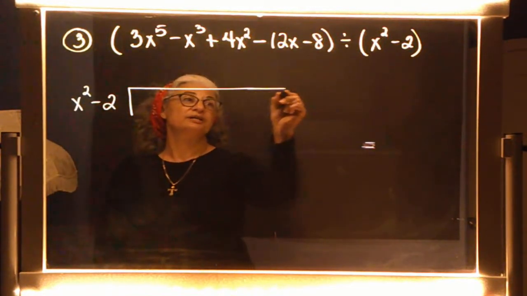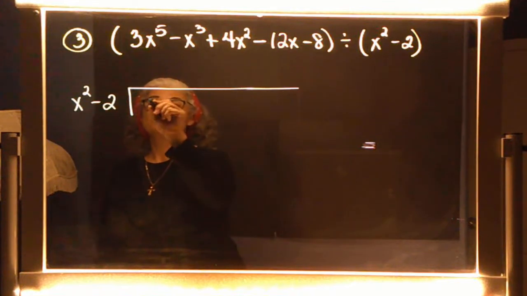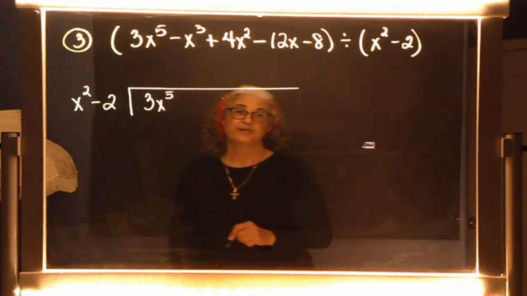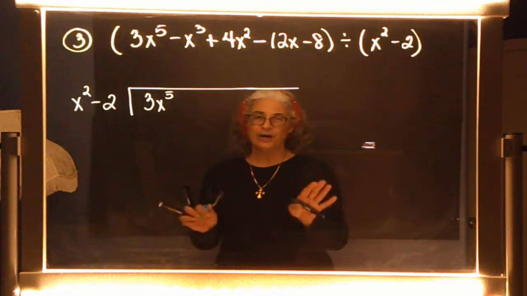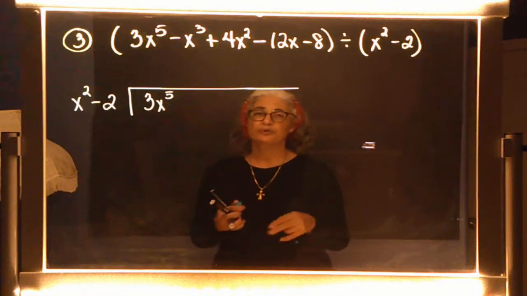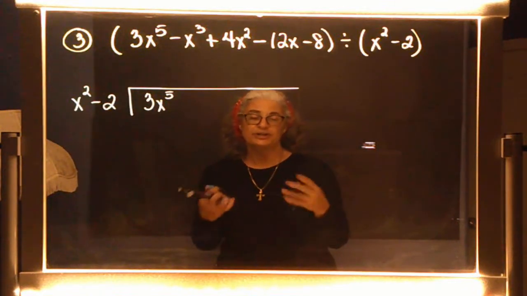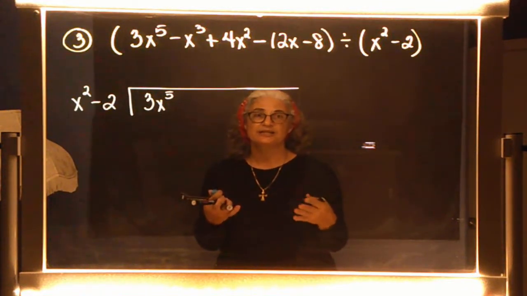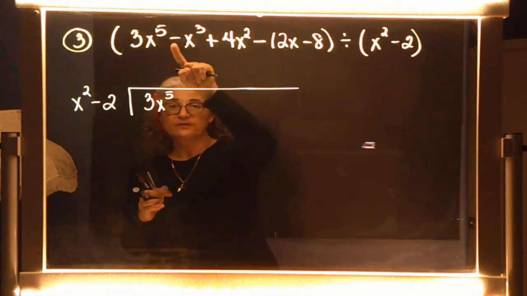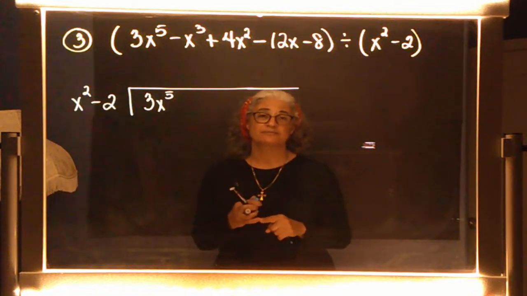Do you notice on the polynomial that goes underneath, I'm missing an x to the 4th, aren't I? Now, in long division, it's optional to put that in. For some of you, you're going to want to put that in. Why? Because you're visual enough, you're like, I need to see it. Where is it? By the way, how many x to the 4ths did they write in the original problem?